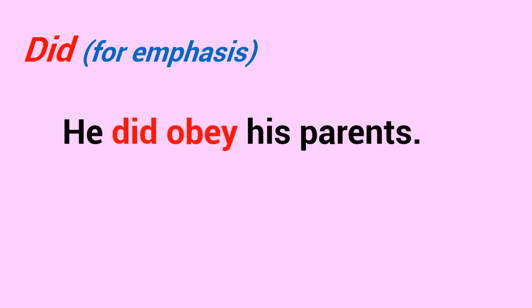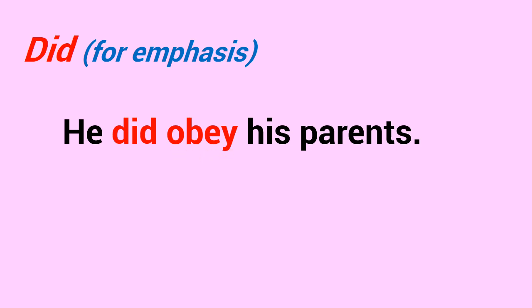We have to use did for emphasis. He did obey his parents. So we are emphasizing the action of obey in this sentence, and we also stress the word did for emphasis. And since we use did here, we have to pair did with the verb obey, which is in its original form or base form.